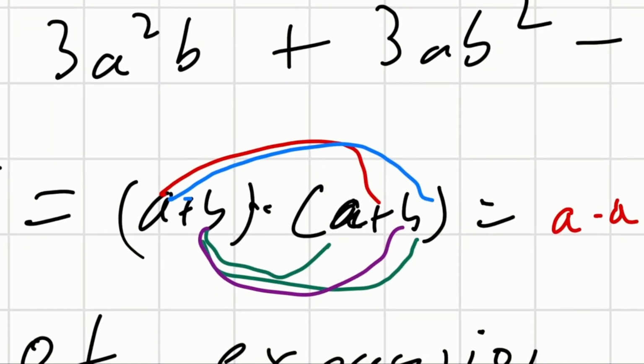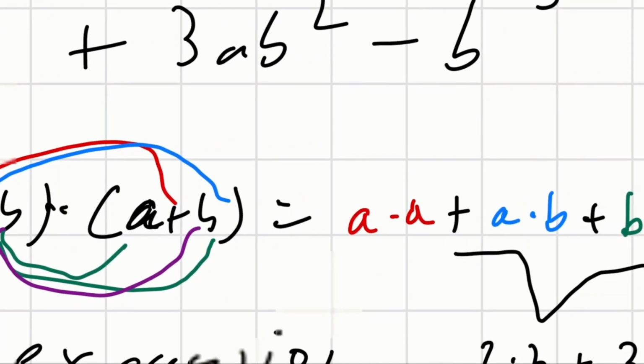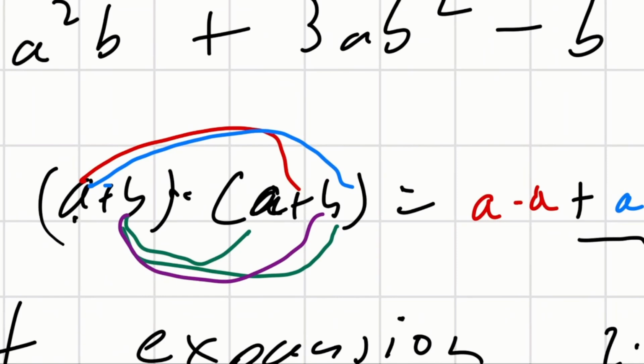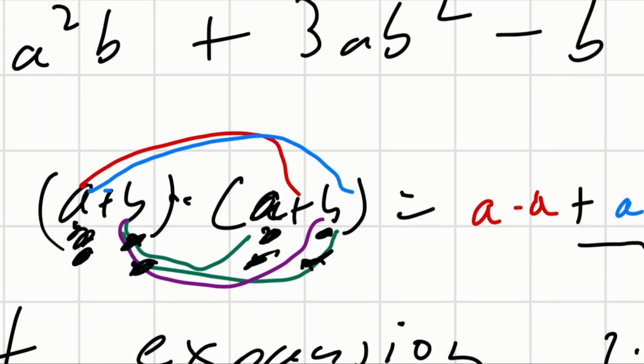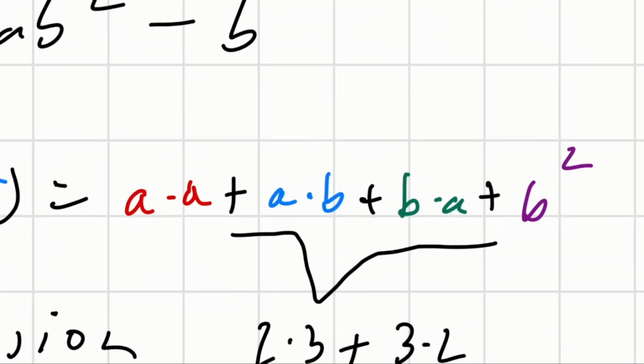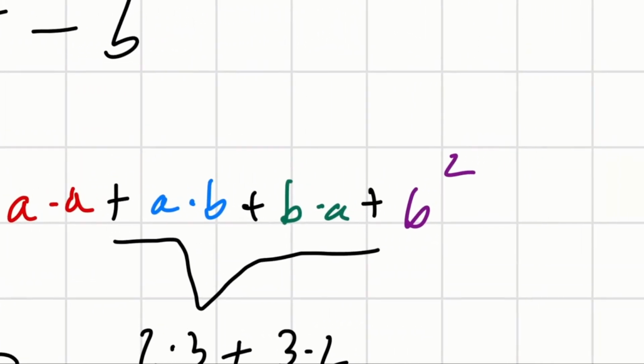So now you can factor this out. I don't know if this is the correct English word, I'm sorry. So this comes to a times a and a times b and b times a plus b times b, which looks like this: a times a plus ab plus ba plus b squared.